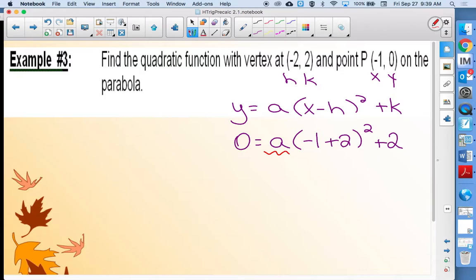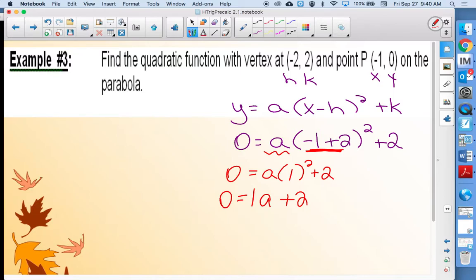Order of operations. Parentheses go first. This is now 1 squared. That 1 is attached with a, so that's really saying I have 1a and then +2. Don't add those two numbers together.